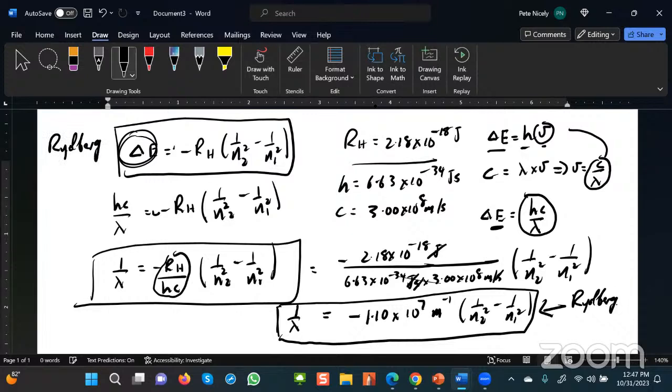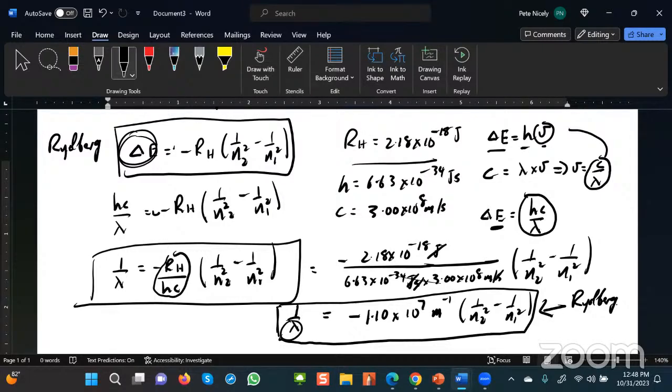They're both different ways of basically saying the same thing. The only difference is that one expresses the energy difference between two orbits, while the other gives an expression you can use to get lambda, the wavelength of the radiation that is produced in the transition or that causes the transition.